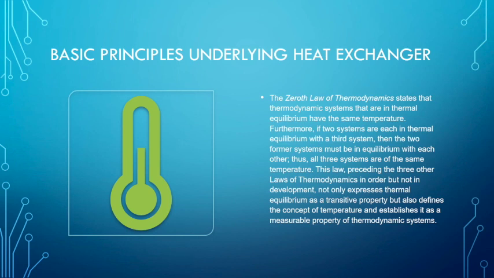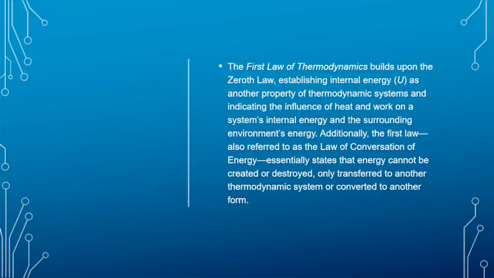This law, preceding the three other laws of thermodynamics in order but not in development, not only expresses thermal equilibrium as a transitive property but also defines the concept of temperature and establishes it as a measurable property of a thermodynamic system.